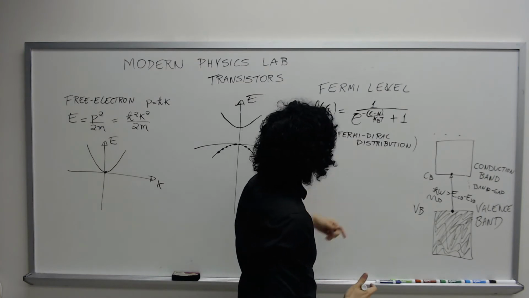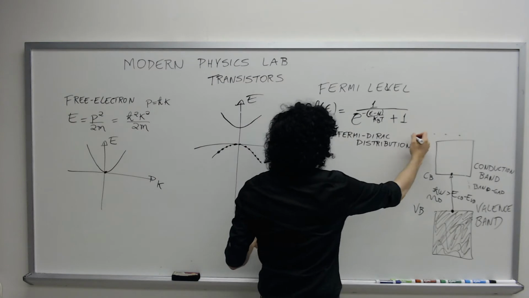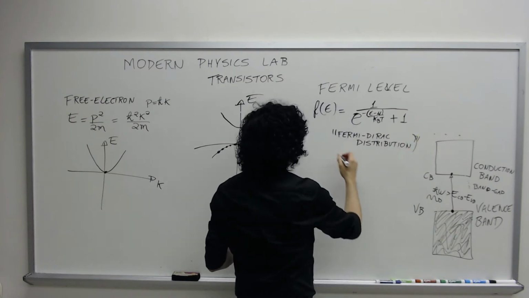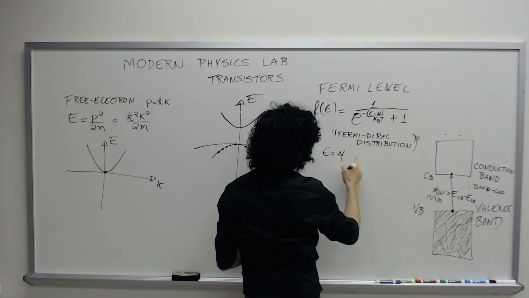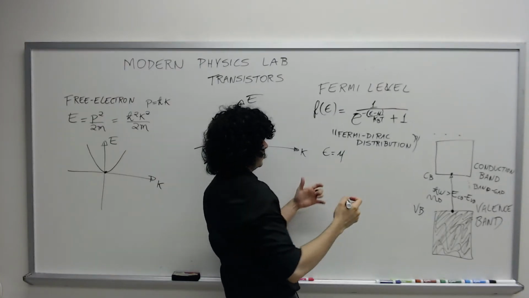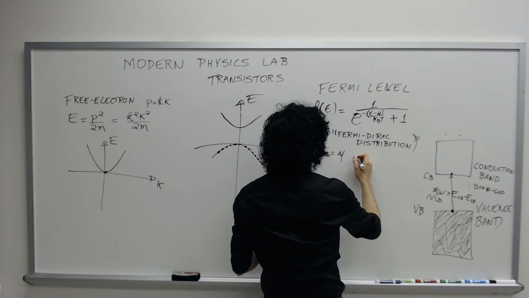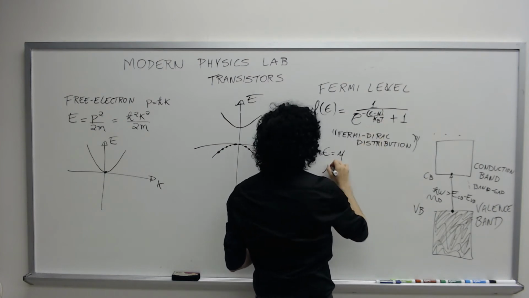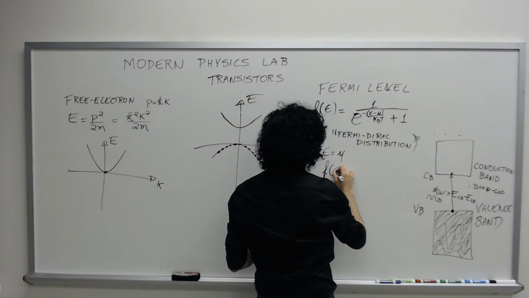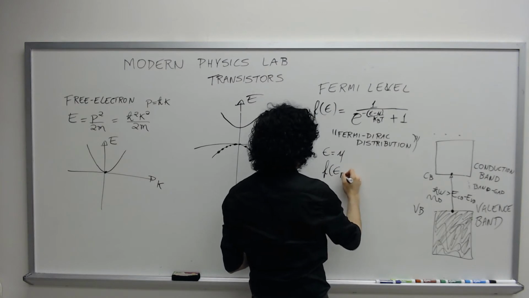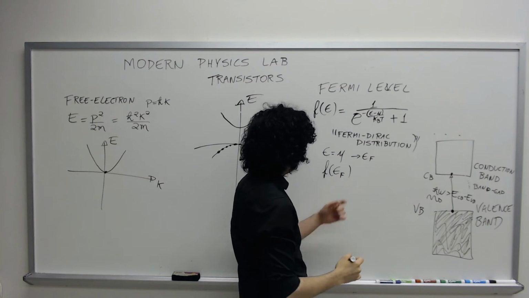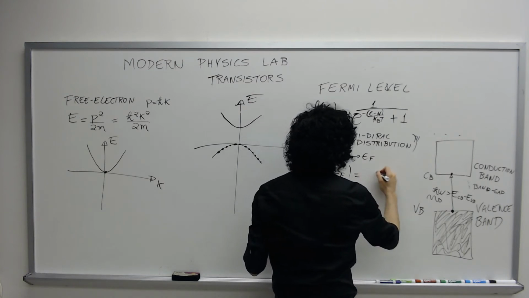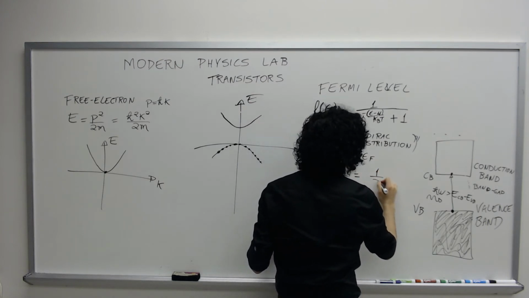You can show that when epsilon is equal to mu, the chemical potential, which we'll call EF, representing the Fermi level, this is equal to 1/2.